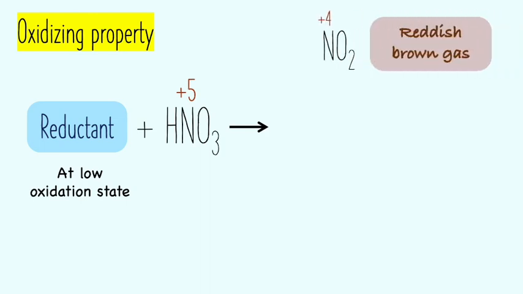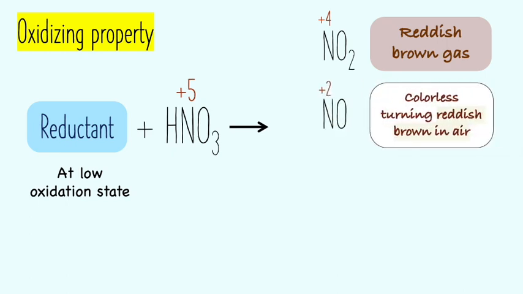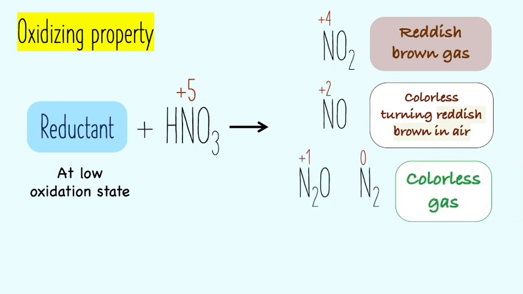The first one is nitrogen dioxide, as in the above example. Sometimes we will observe the formation of these following colorless gases: nitric oxide, nitrous oxide, and nitrogen. Nitric oxide can easily combine with the oxygen in the air to yield nitrogen dioxide, so it turns rapidly to reddish brown color when exposed to air.